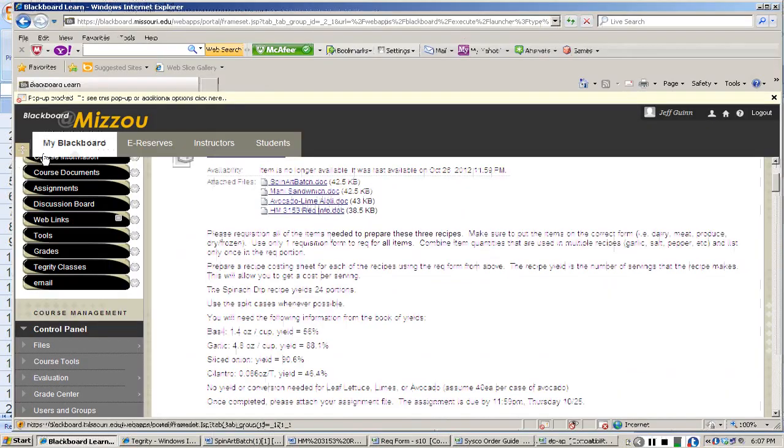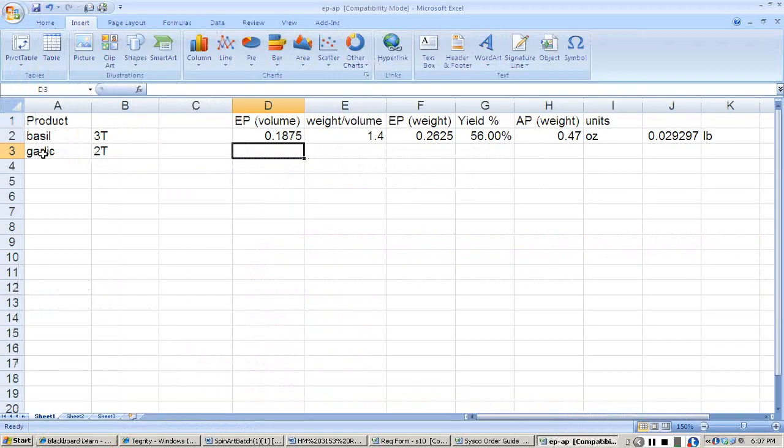Blackboard tells me that garlic is 4.8 ounces per cup with a 88.1% yield. So if my volume is in cups, that means I need to turn this 2 tablespoons into cups. So 2 divided by 16. There's 16 tablespoons in a cup. I only need 2, so essentially I need 1/8 of a cup, or 0.125.